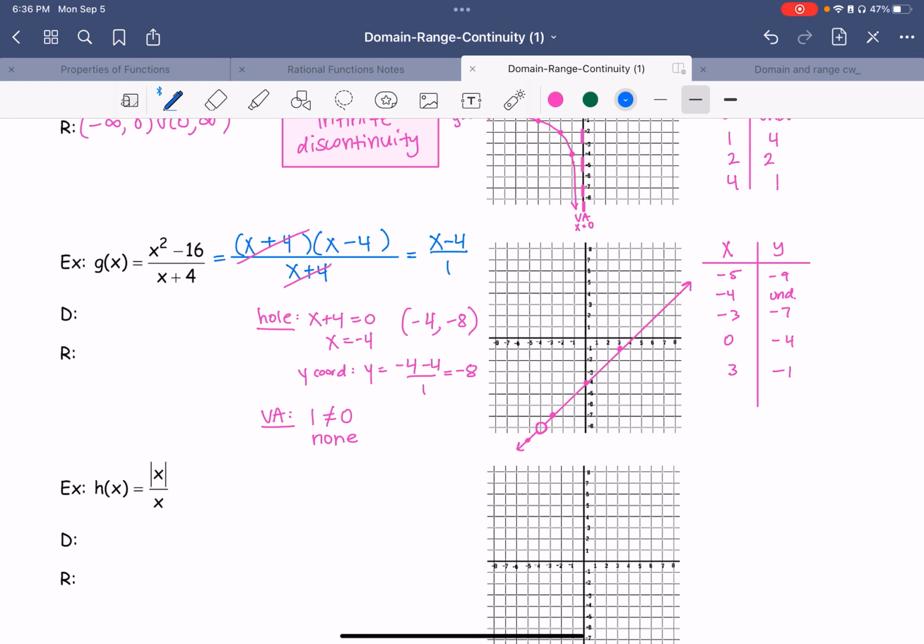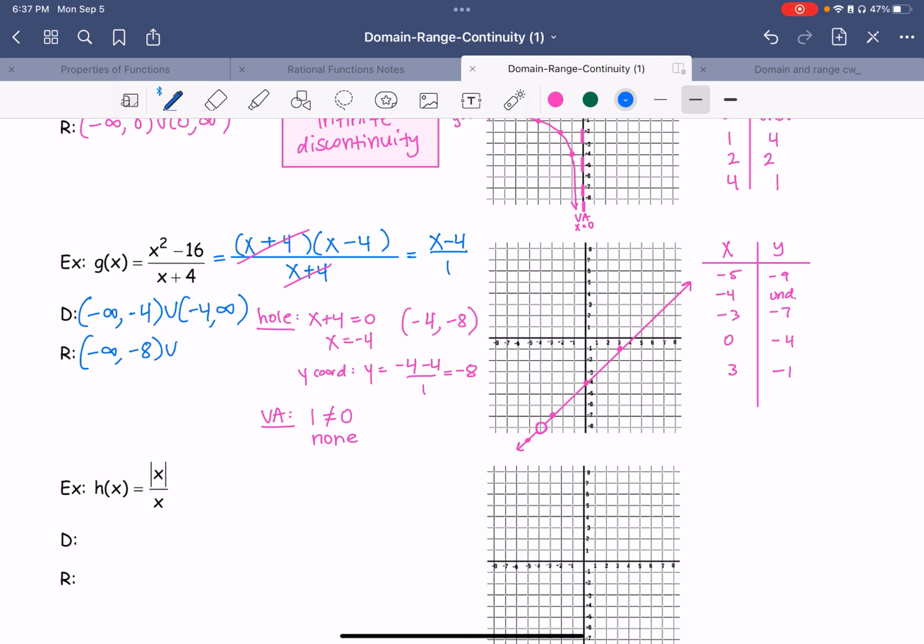Okay, so reading the domain from left to right, I have negative infinity. I stop at the negative 4, and then I pick up after negative 4 to infinity. So from left to right, I'm going, and at negative 4 I have to stop, but then I keep going on forever. Now coming in from the bottom, I'm coming in from negative infinity, and I have to stop at negative 8, but after negative 8 I keep going on infinitely.